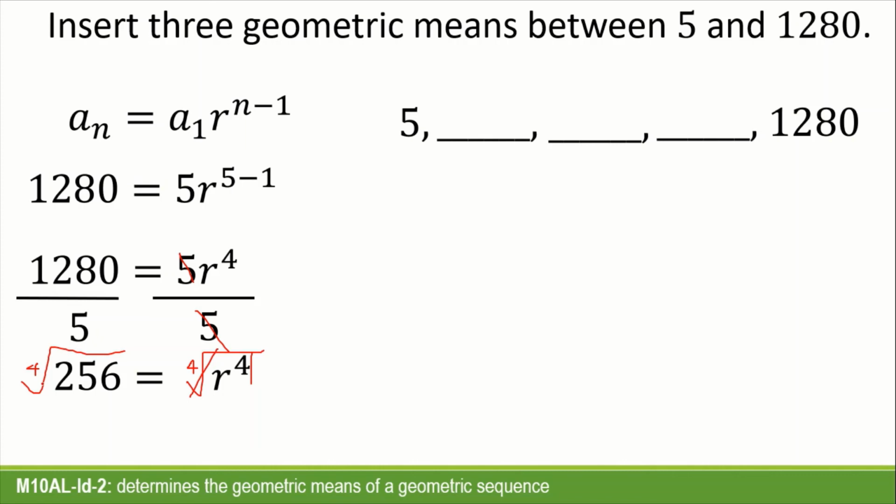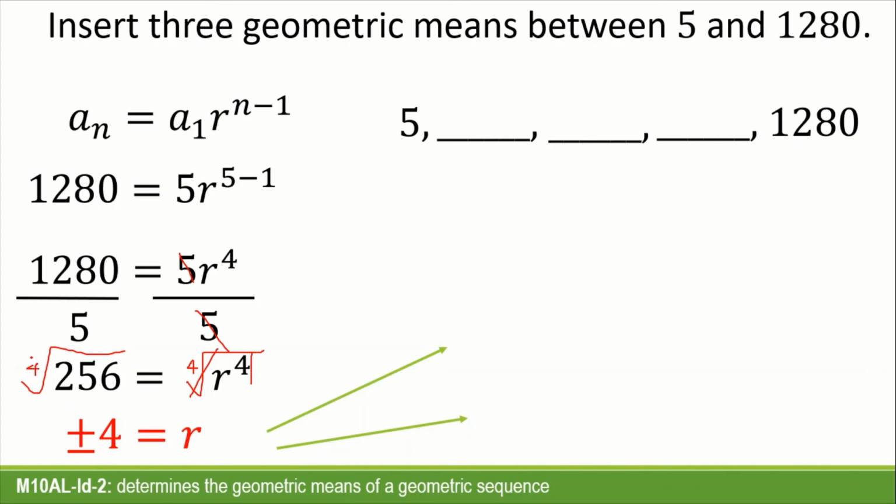So, we get the 4th root of 256. Ano yung number na 4 times ginamit sa multiplication na ang sagot ay 256? So, the 4th root of 256 is 4. Positive, negative 4. Bakit siya naging positive, negative?